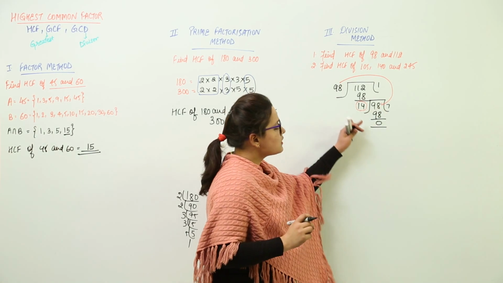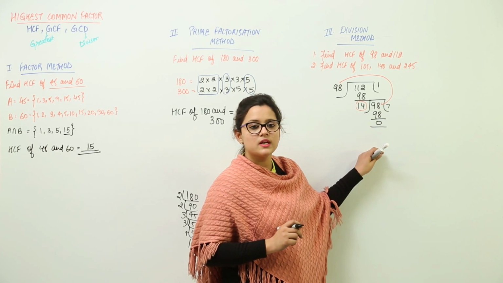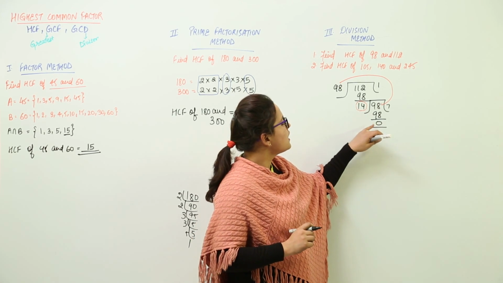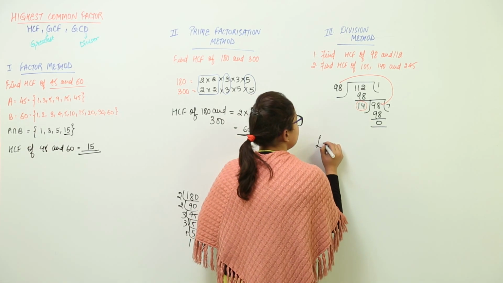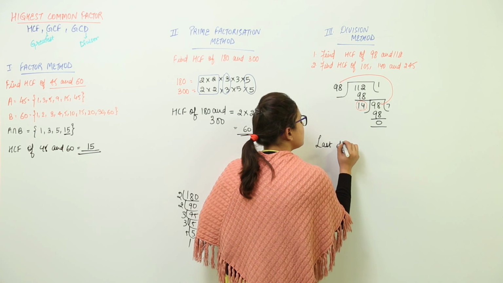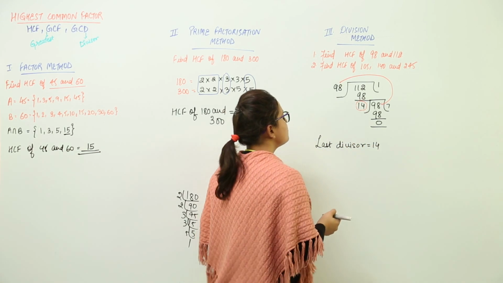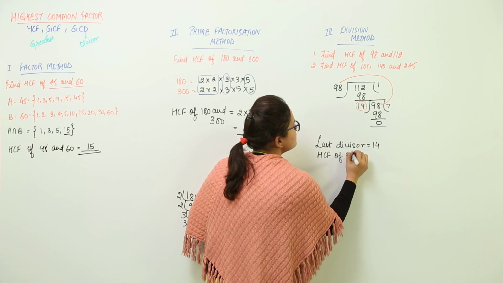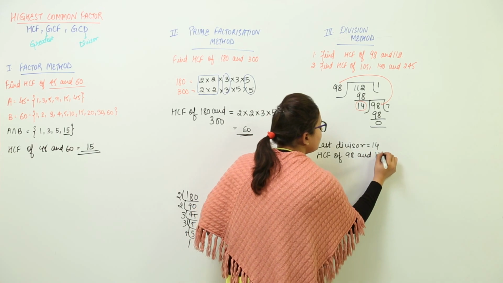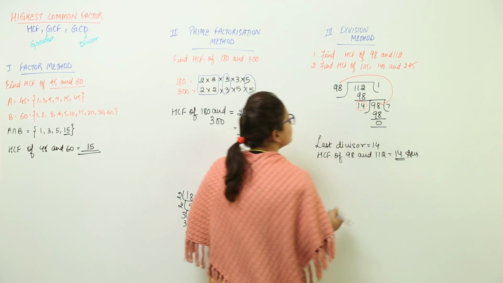So this division continues till the time 0 comes. Once the 0 has arrived, you can stop your division. For getting 0, what was the last divisor? The last divisor is 14 over here. So we can say that the HCF of 98 and 112 is equal to 14, right?